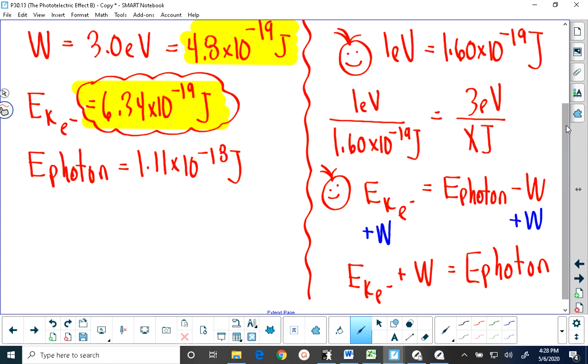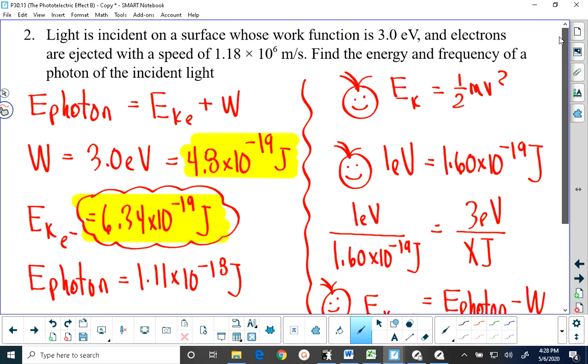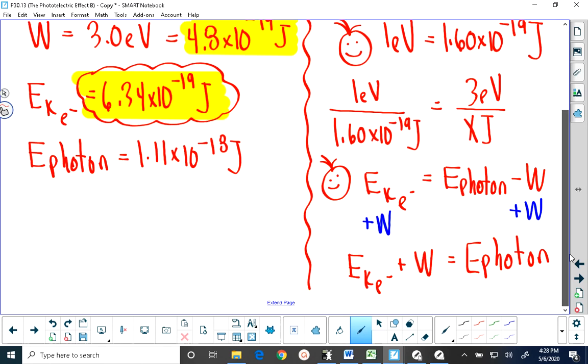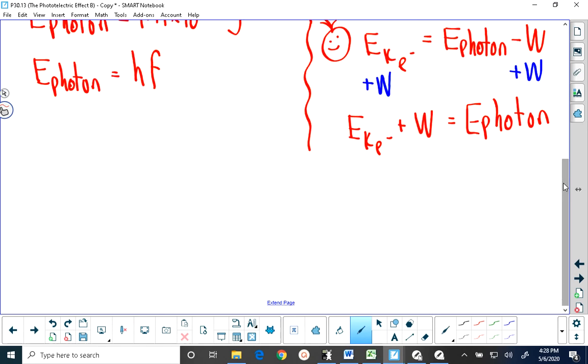The other thing we're asked to find is, I believe, the frequency of the radiation. The energy of a photon is equal to HF, which means the frequency will be that energy of the photon that we calculated divided by Planck's constant.